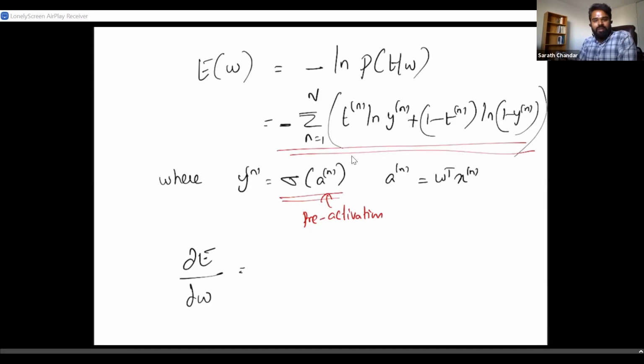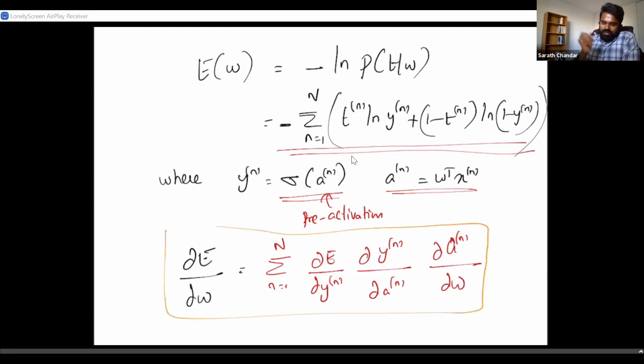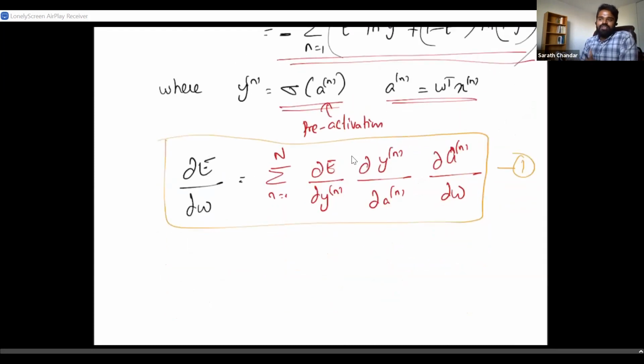Again, you have to go back in your chain, and a is a function of W. So I can represent dou E by dou W as summation over n is equal to 1 to N, dou E by dou yn, times dou yn by dou an, times dou an by dou W. This is just the basic chain rule, because error is a function of y, which is a function of activation, which is a function of W. Let's call this equation 1. Now we just need to compute these three terms.